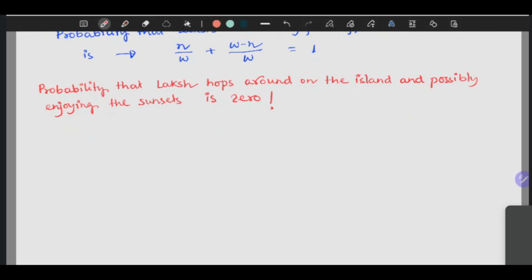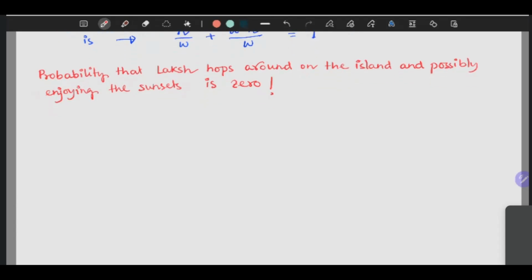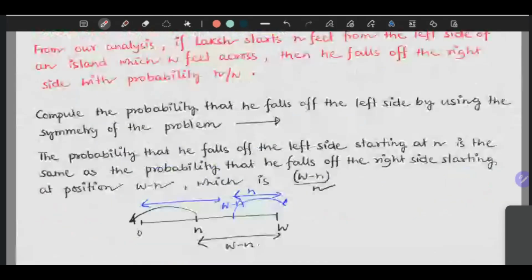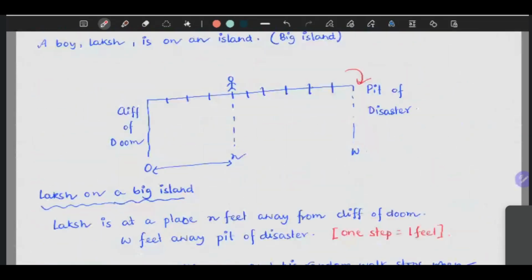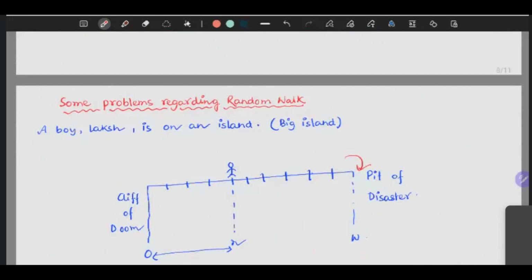So eventually, where if you say that it's an infinite plateau, then there is a probability 1 that it will fall into this pit of disasters.